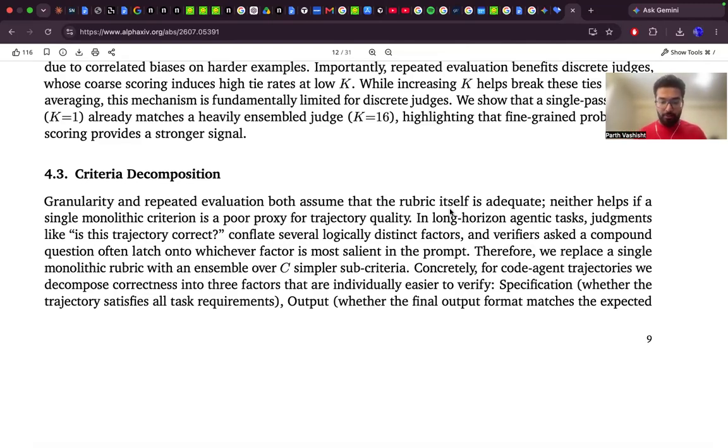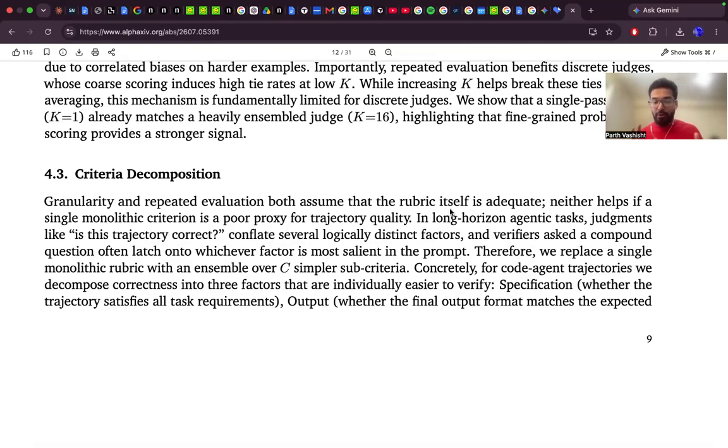So therefore, what's happening here is that instead of putting the evaluation entirely on this one single trajectory, we replace a single monolithic rubric with an ensemble over C simple subcriteria.